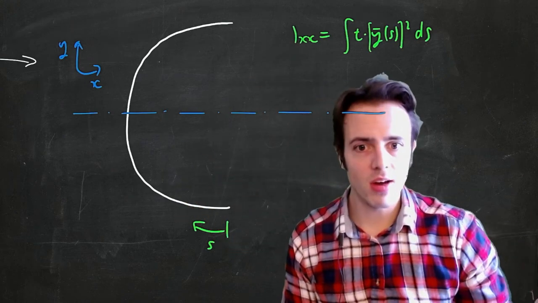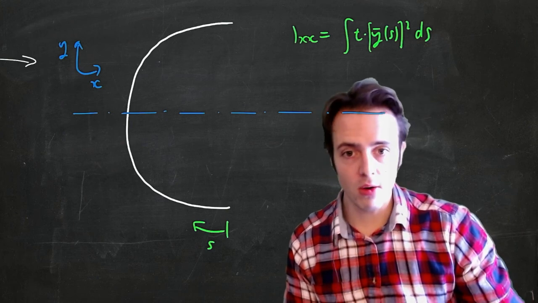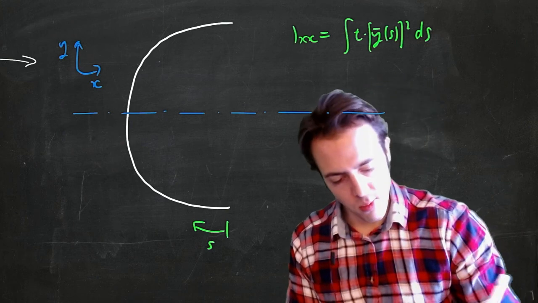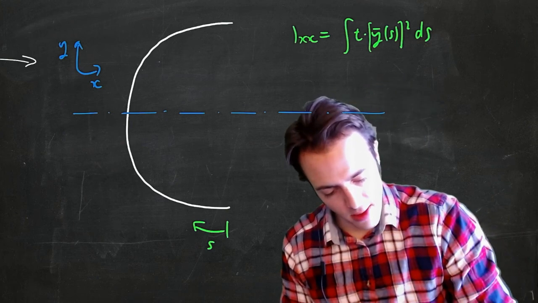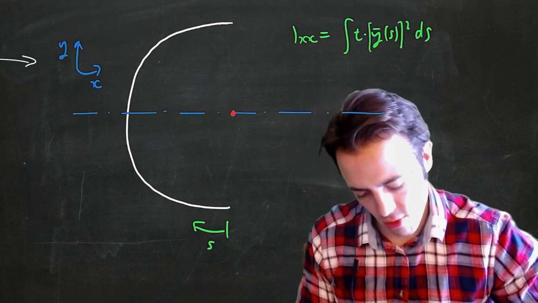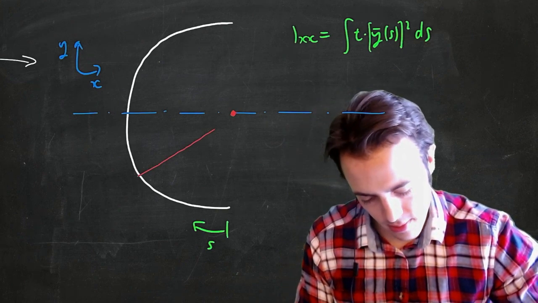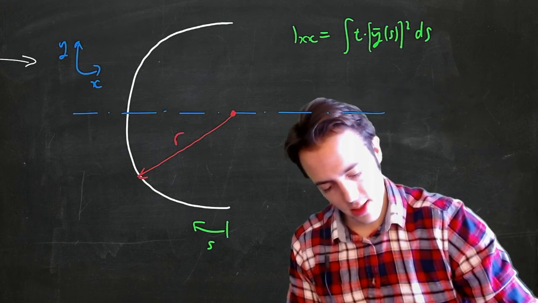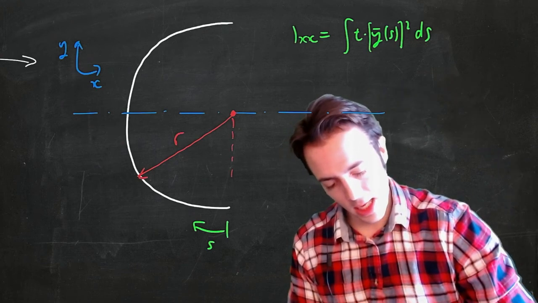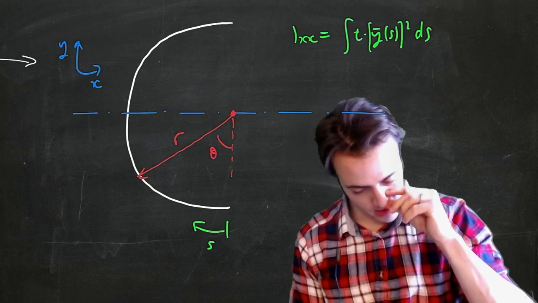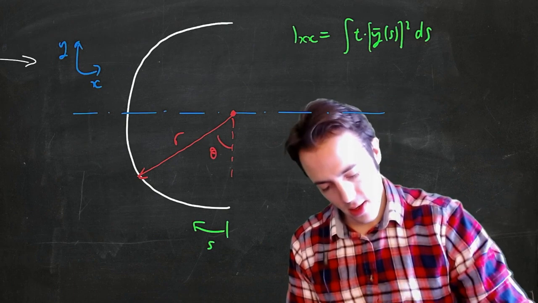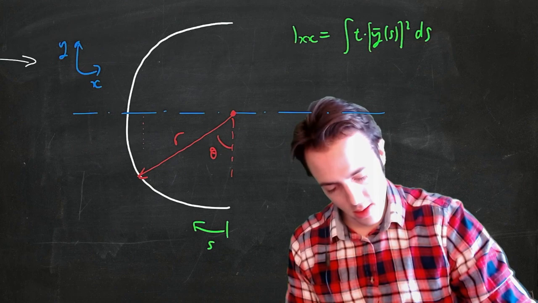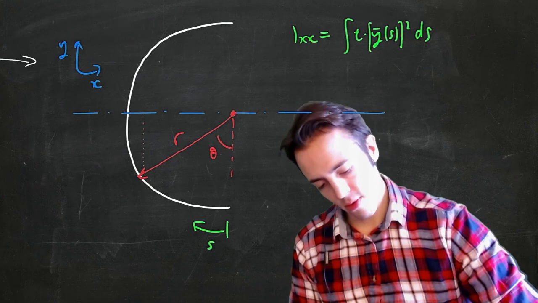And then now we've just got a little bit of algebra and geometry to work out on here. So let's say this is a semicircle, imagining I'd drawn this properly. I've got this distance, which is constant, r. I've got an angular displacement, which I'm going to call theta. So two things I can work out from here.